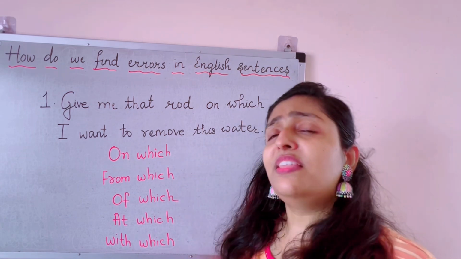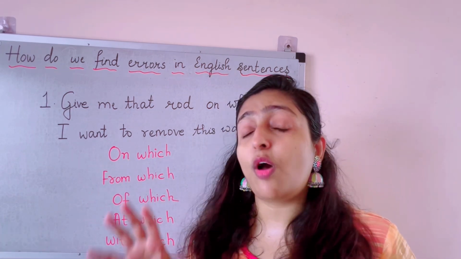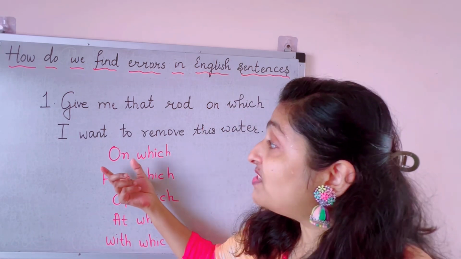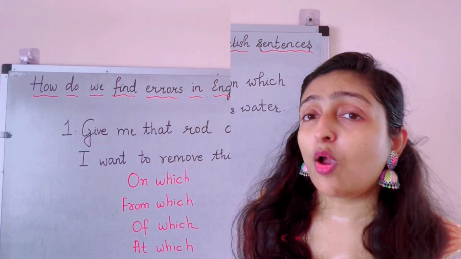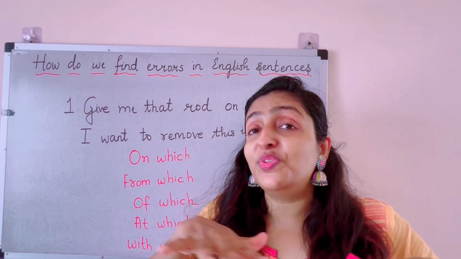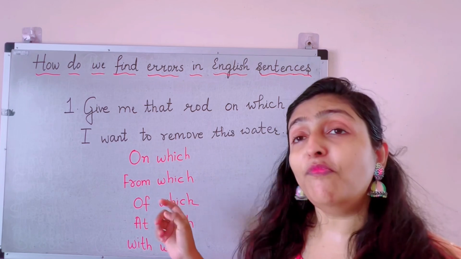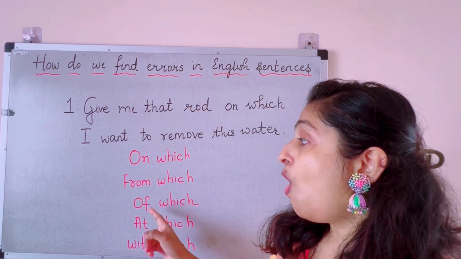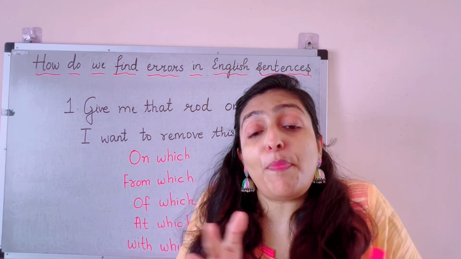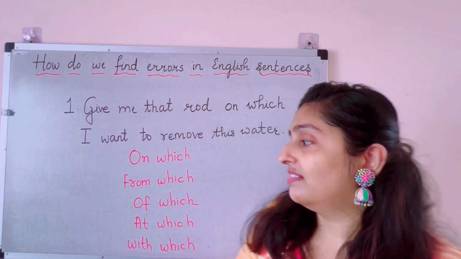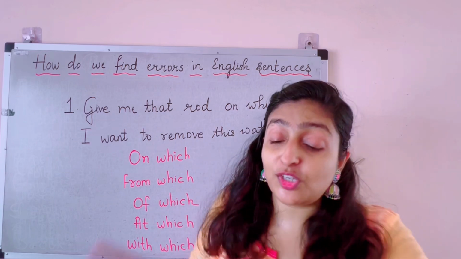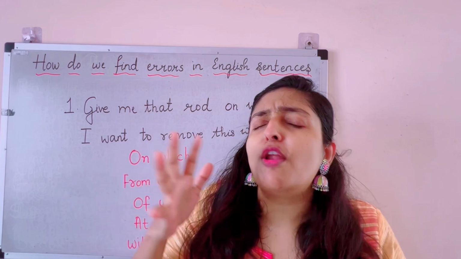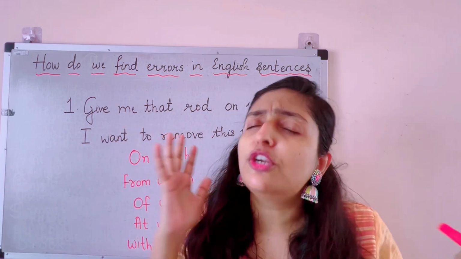These are actually constructions or expressions or combinations of a preposition and a pronoun. Okay. On which refers to the surface. From which refers to the source or origin. Of which refers to a part of something big. At which refers to the time. And with which refers to an object or an instrument or a tool.